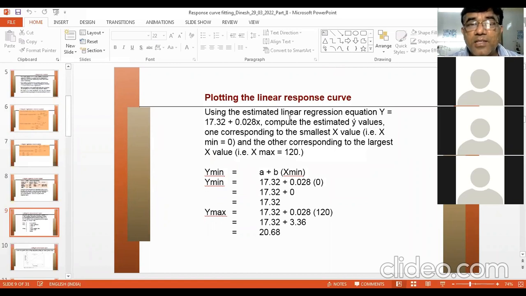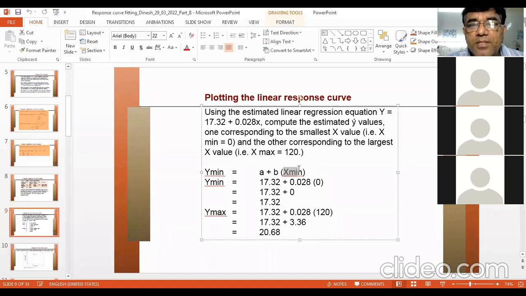So using the estimated linear regression equation, y is equal to 17.32, this was the value of A, plus 0.028, the value of B, the regression coefficient, compute the estimated y values, one corresponding to the smallest x value and one corresponding to the largest x value. So you get x minimum, y minimum, x max, y max. Y minimum is equal to A plus B x minimum.